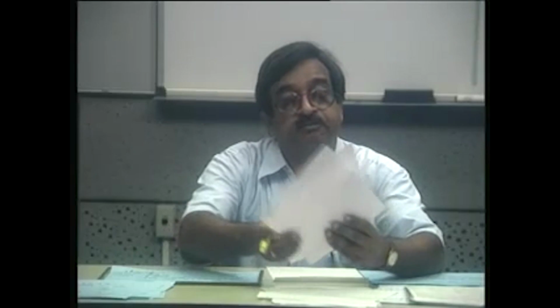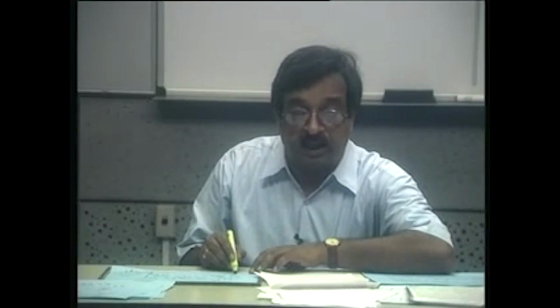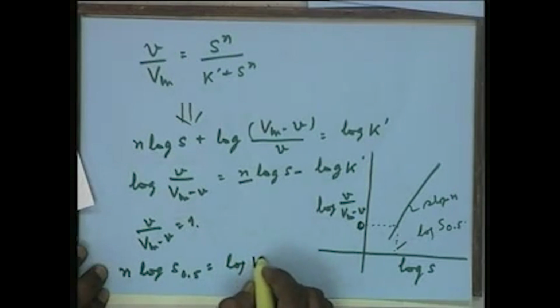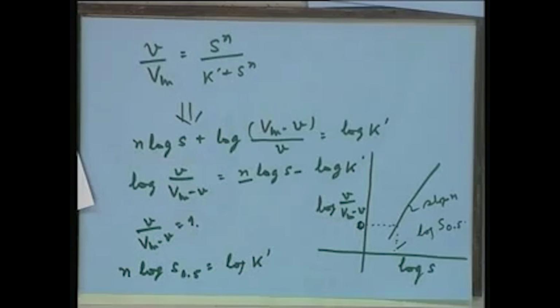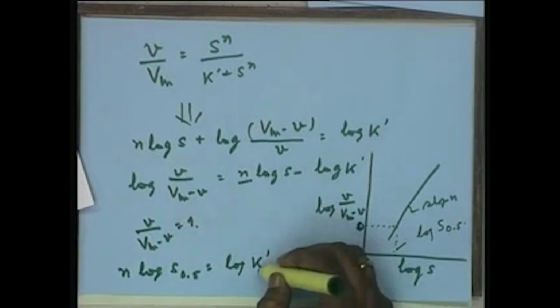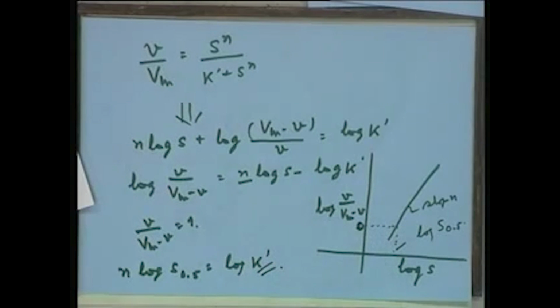From our earlier equation, n log S0.5 is equal to log k prime. So if you know the slope and determine the value of n, and also determine log S0.5, the substrate concentration for 50% of the maximum reaction velocity, you can get the value of k prime, what is commonly known as Hill's constant.